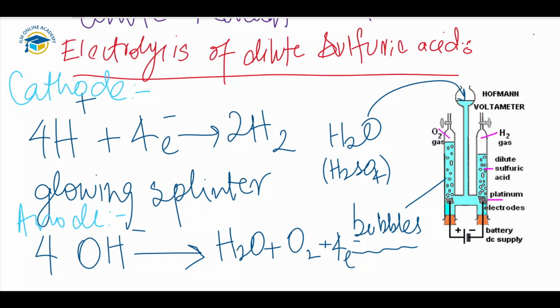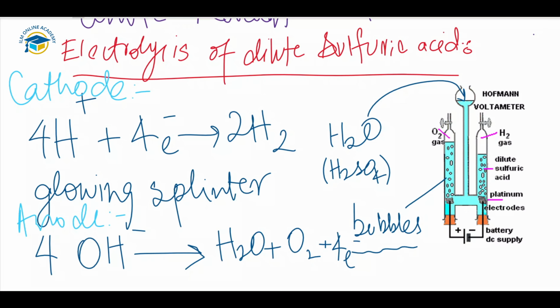We have the half equations for the reactions that take place at the two electrodes. Hydrogen ions move towards the cathode and hydroxide ions move towards the anode, and they are discharged at the respective electrodes. Electrolysis began to show that some ions are discharged ahead of the others during the electrolysis.